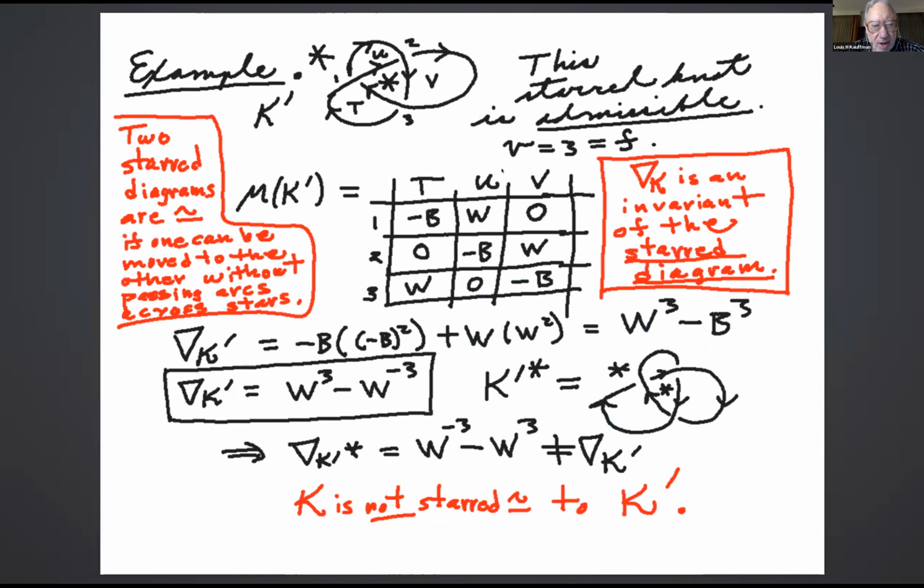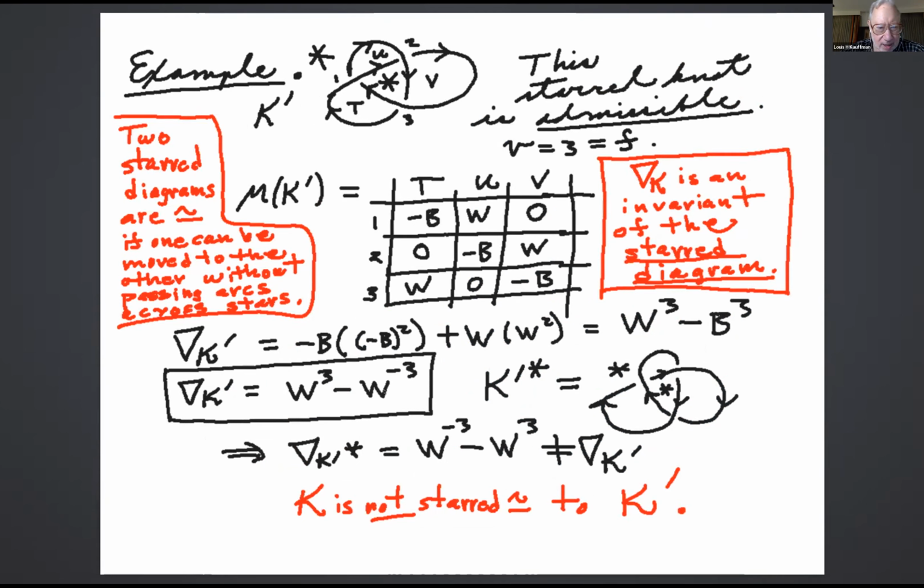But now here's a new example. Now I put the stars in two regions that are not adjacent to one another. And you can do the same thing, of course. You can either enumerate the states, or you can write down the permanent and compute it. And in this case, you find that the permanent is W cubed minus W to the minus 3.